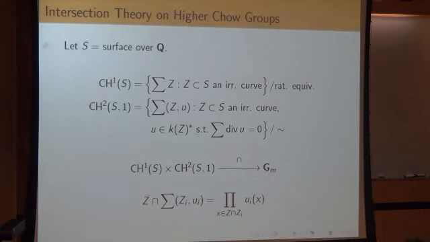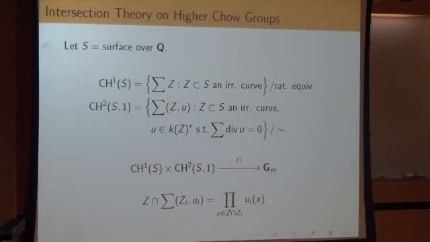The intersection pairing is defined by taking a curve Z on S, that's the Z in the Chow 1, and you could take, say, a sum of curves Zi with functions ui on them. And what you do is you physically intersect the curve Z and the curve Zi. That's two curves intersecting on a surface. They'll intersect in some points, and you take the product of the functions that you had at those points.